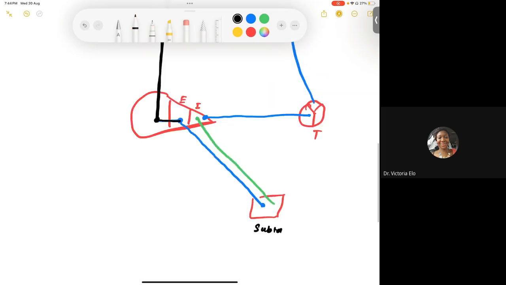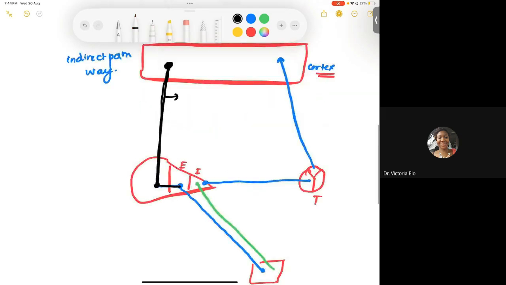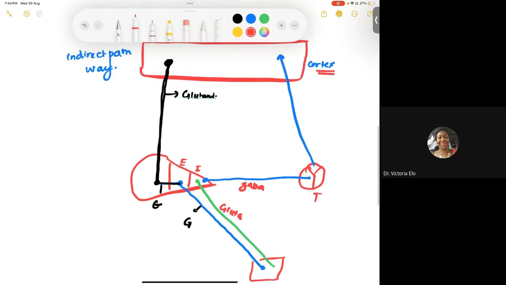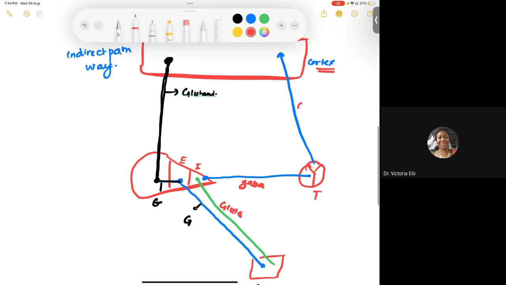Perfect. So these fibers are going to be glutamatergic in nature because they are projecting downward. These are going to be GABAergic in nature. They are also going to be GABAergic in nature. But the fibers entering the globus pallidus internus are going to be glutamatergic, while the other again are going to be GABAergic, and those projecting upward are going to be glutamatergic.